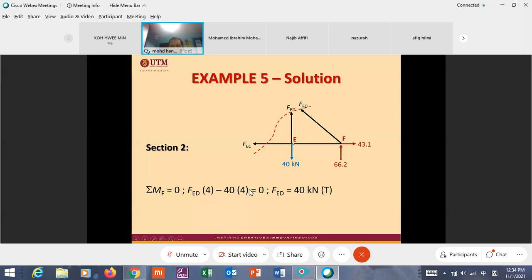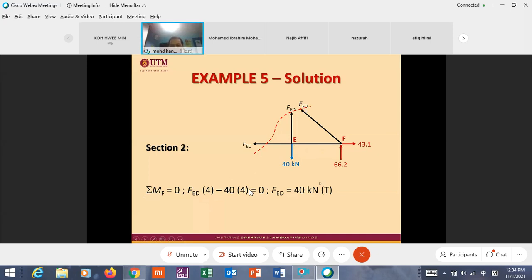If you choose E, what happens? This unknown may be cancelled, but what you get from rotation about E is FFD, whereas FFD is not the question.